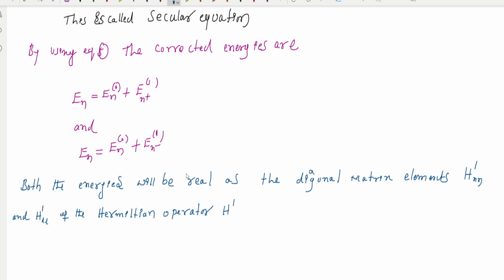The unperturbed Hamiltonian is real. This is the condition.